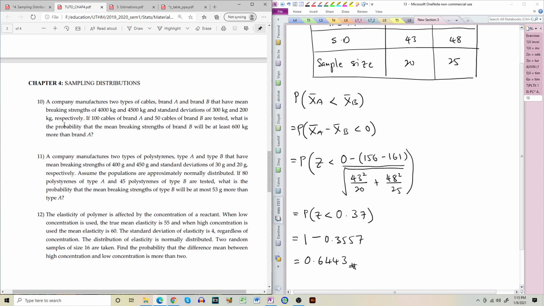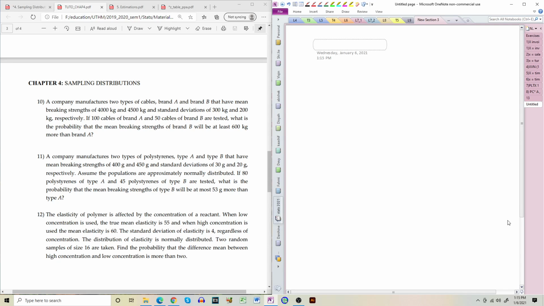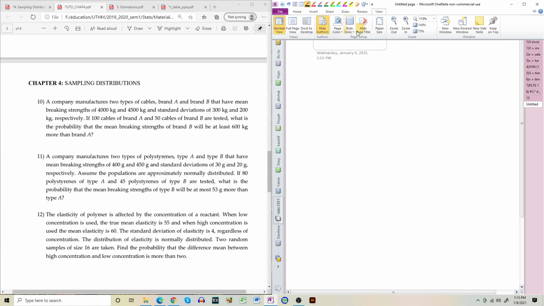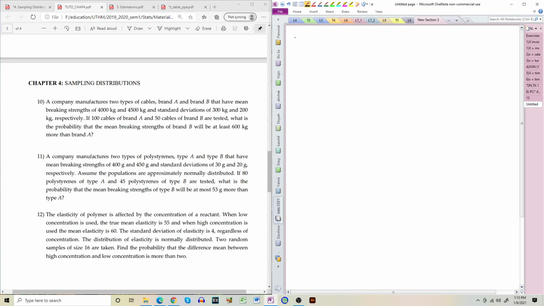Now we are going for number 10. The company manufactures two types of cables, brand A and brand B, that have breaking strength.